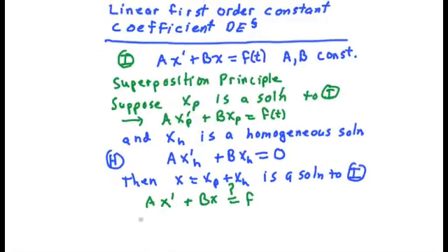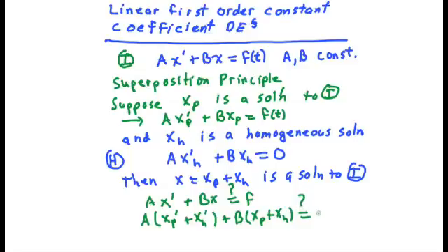Well, when I substitute it in, what I have is a times, well, x prime, x is xp plus xh, so that's just xp prime plus xh prime, and then plus b times xp plus xh equals, and as we're still questioning it, our f.